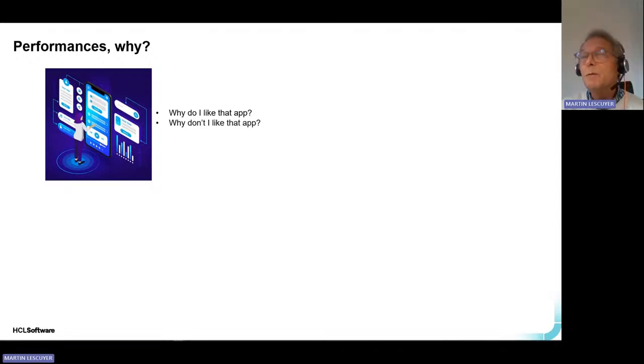It's probably because it does the job. But immediately after that it's because it's quick, right? It's fluid, it's reactive, it's going fast. And so very probably the performance of the application that you're using is a huge part of the reason why you like that application, right? Or why you don't like it.